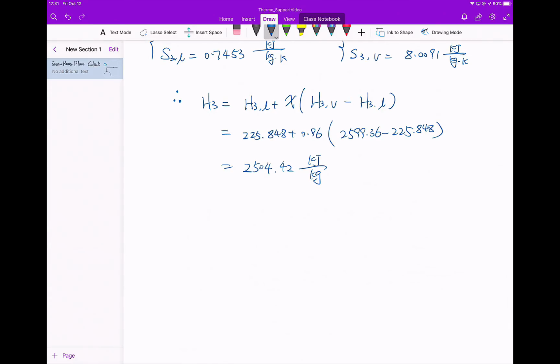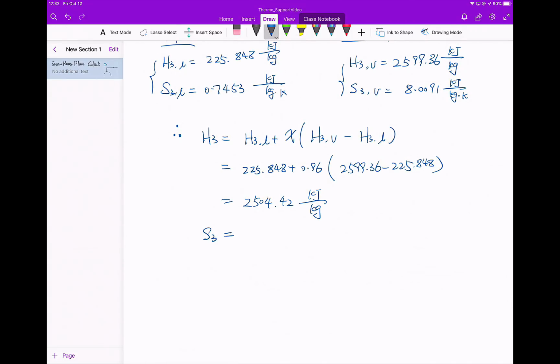figure out what is the entropy. Okay, S3. In my solution I did not have that because we were actually not using this entropy calculation. But no matter, you are welcome to solve it.